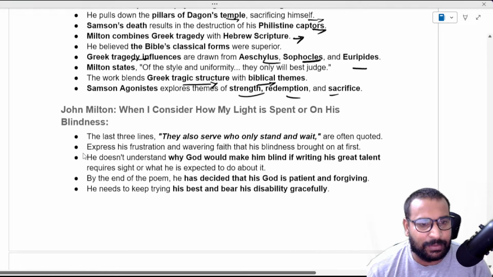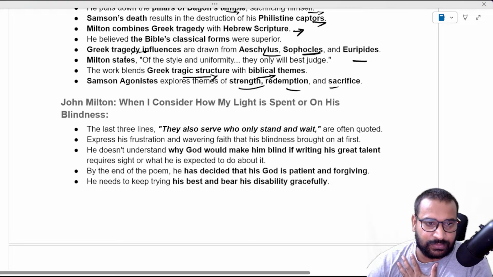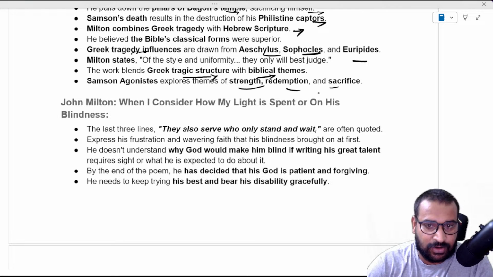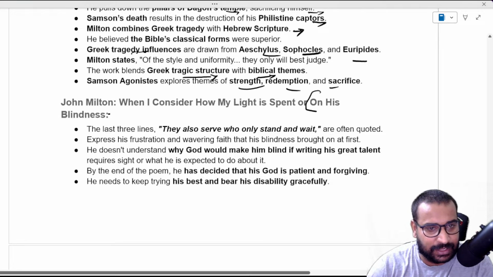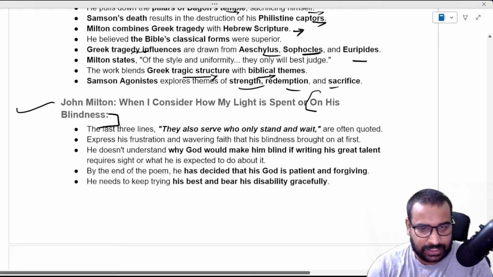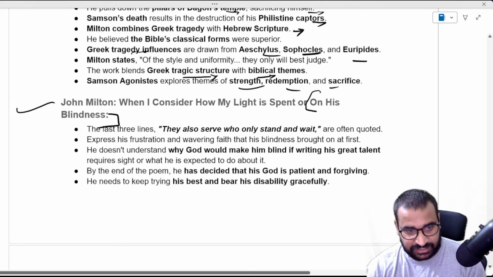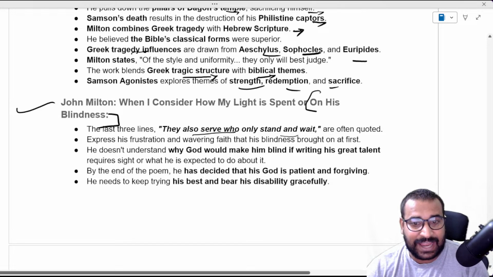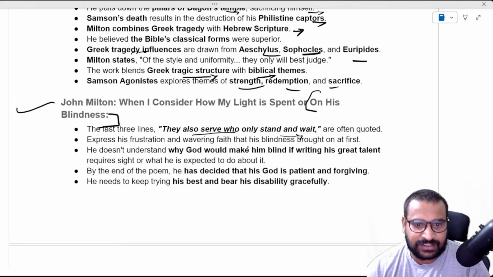And now I'll tell you about the poem. When I consider how my light is spent, or in short, On His Blindness. Always you get questions on that. That's why it's very important. And especially those three lines, They also serve who only stand and wait, are quoted and express his frustration and wavering faith that his blindness brought on.